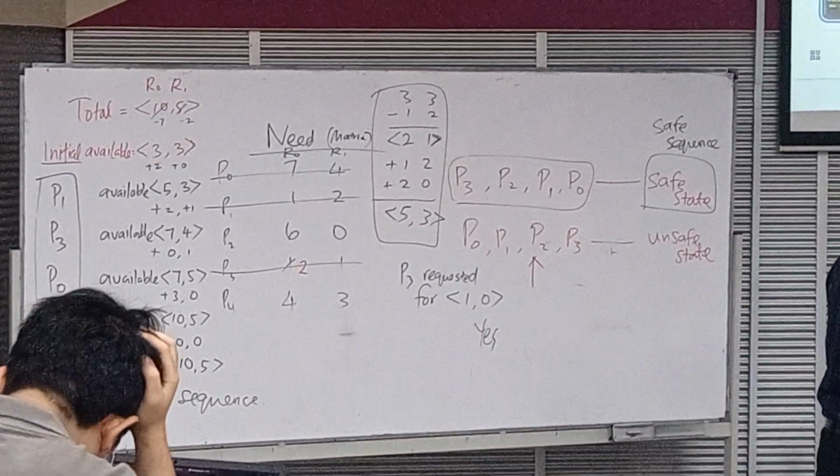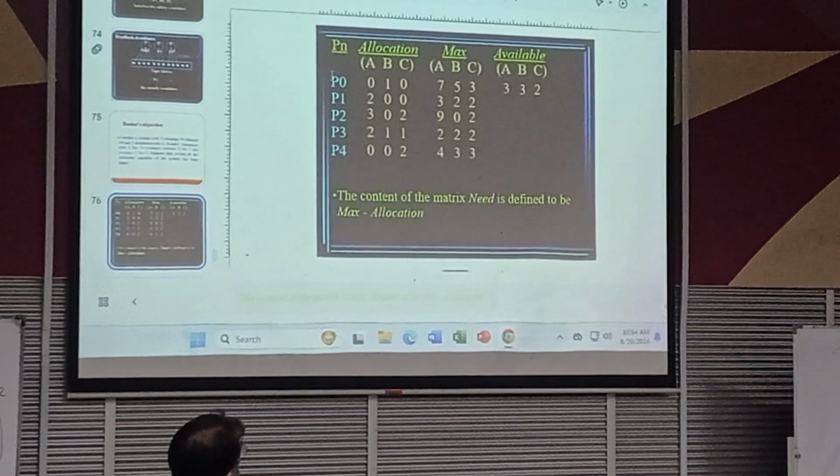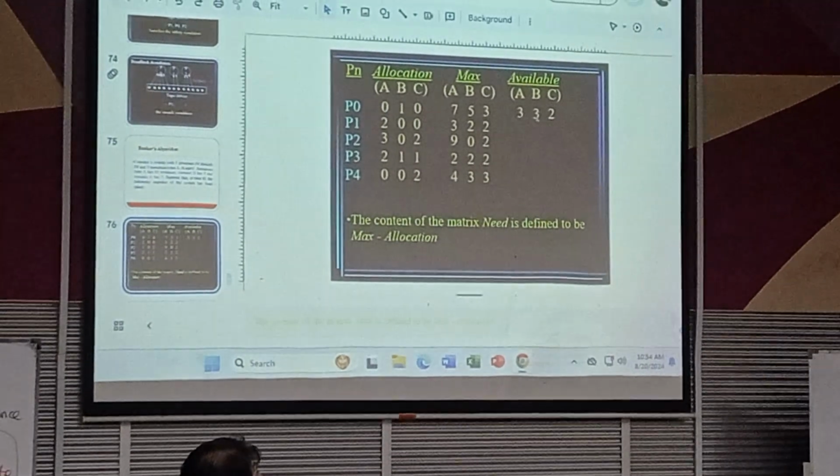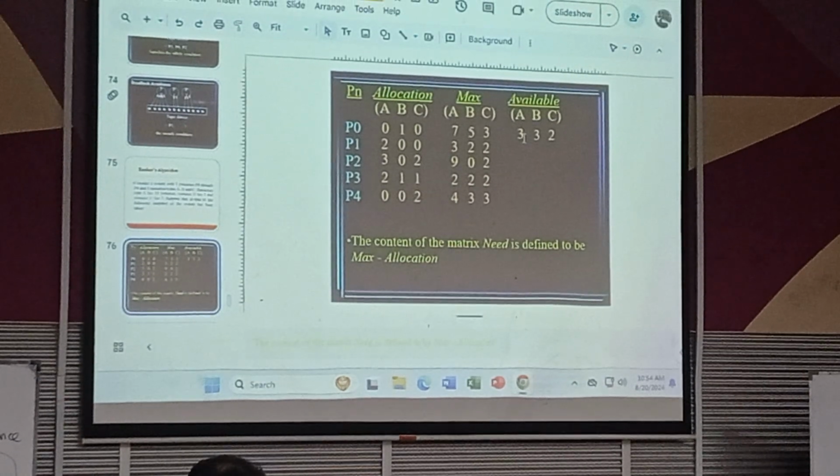Actually, you shouldn't put it on this row there. You should put it somewhere else, because once you get P0, you're going to add it up, just like what I do here. Add it up and then put it there.